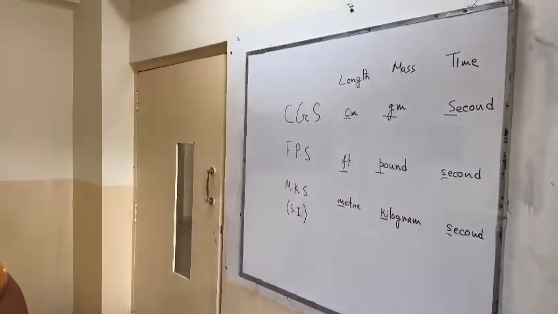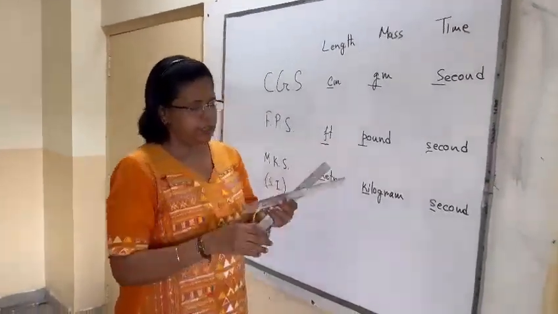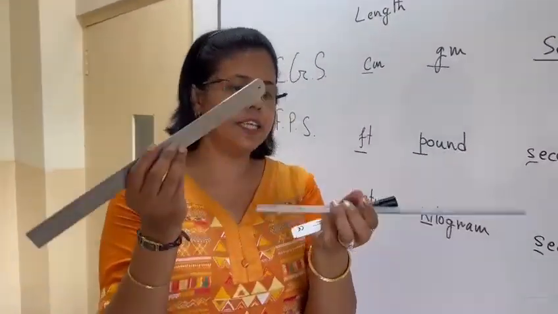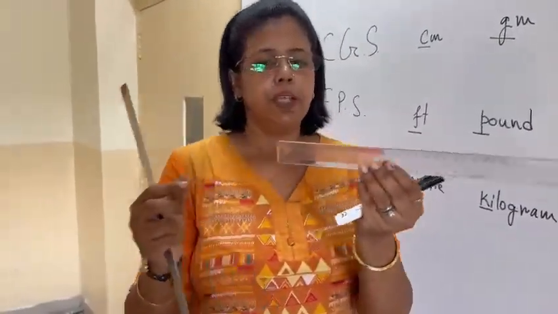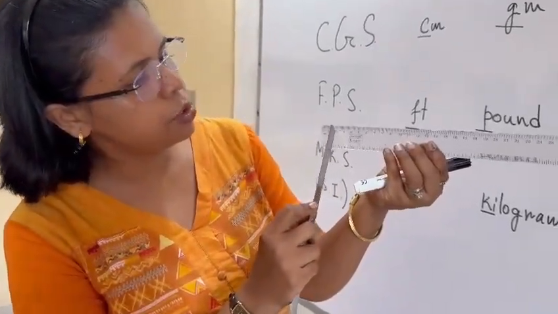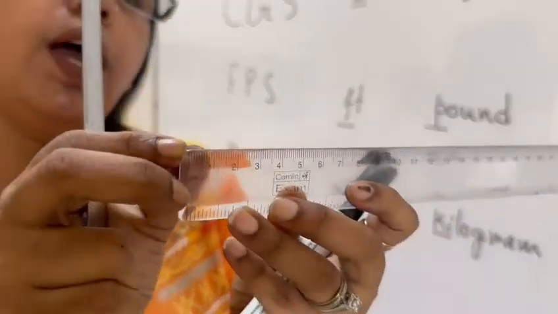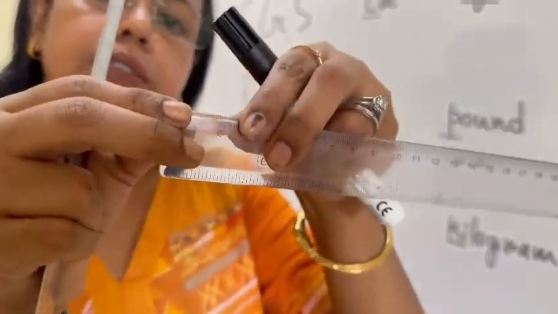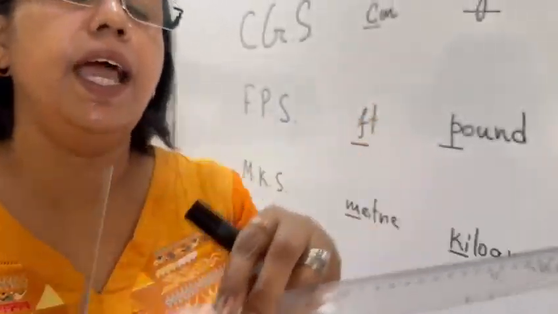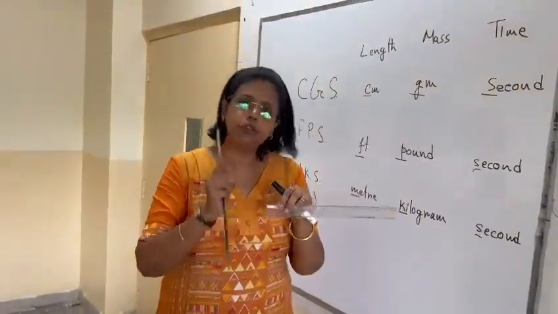Now how do we know what a centimeter is? If we see the scale we regularly use, look at the small divisions, 1, 2, 3, 4. This smaller division from 1 to 2 is called 1 centimeter, and this is fixed all over the world.